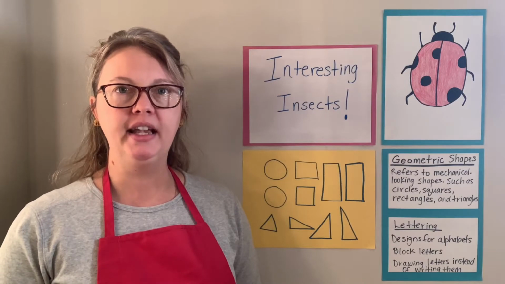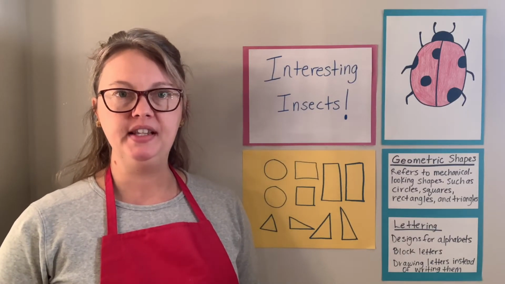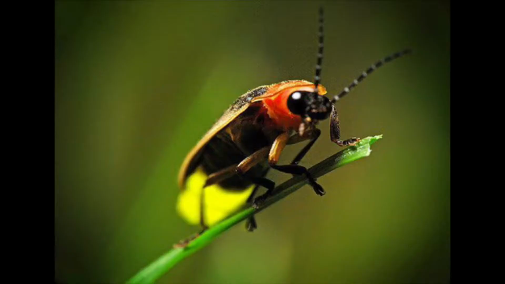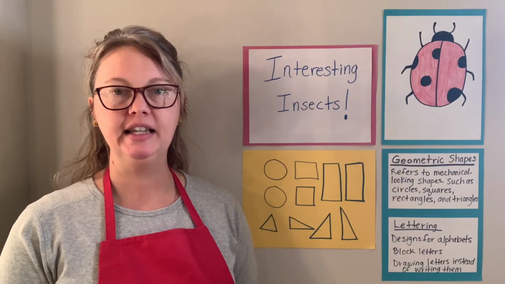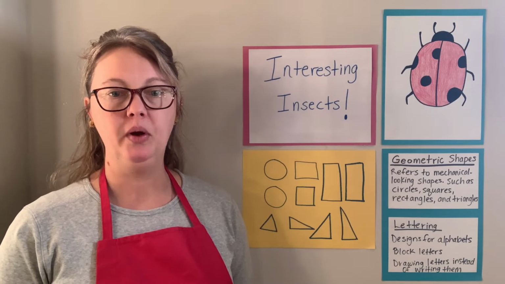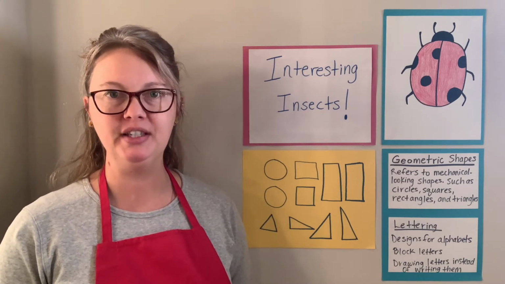And let's look for a second what shapes we see with our insects. For example, a firefly, a grasshopper, katydid, cricket, cicada, ladybug, tiger beetle, boll weevil, wasp beetle, all kinds of cool insects.